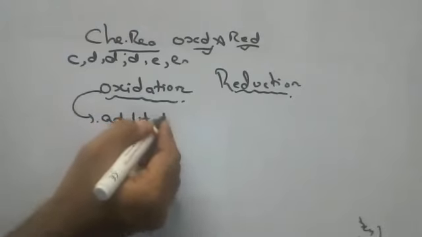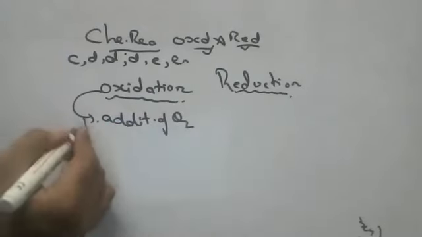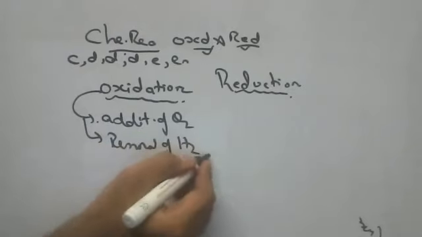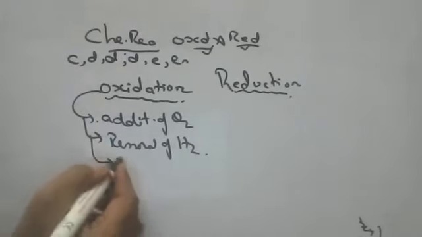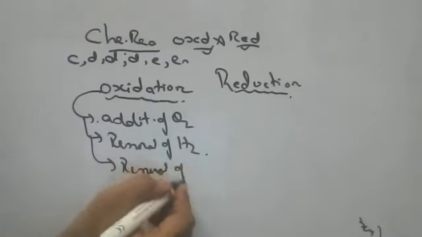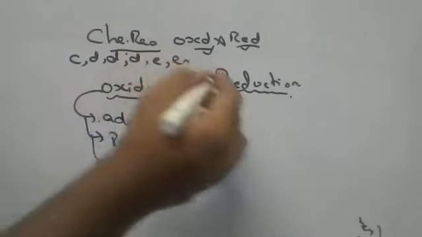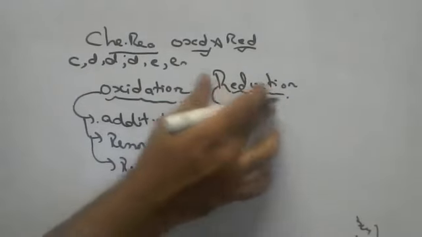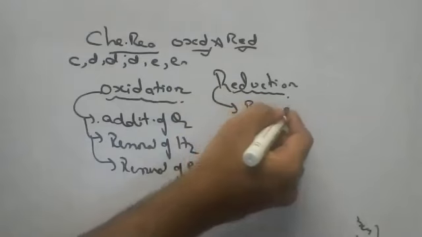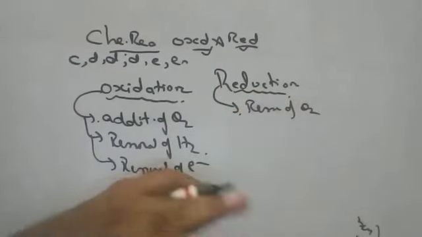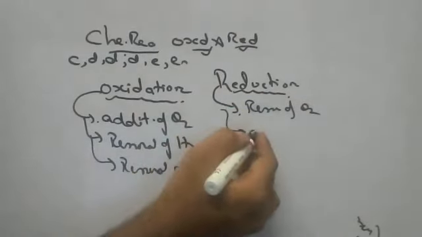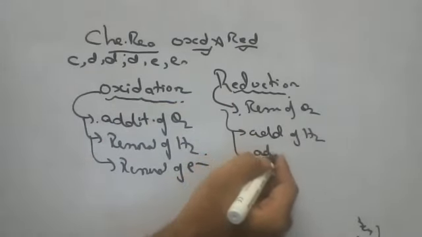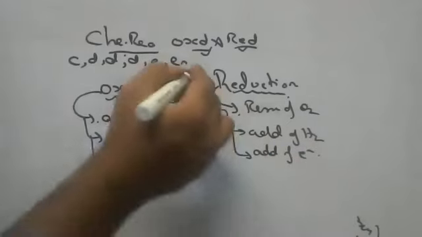Addition of oxygen is called oxidation, or removal of hydrogen is also called oxidation, or removal of electron is also called oxidation. Whereas in reduction, removal of oxygen is called reduction, or addition of hydrogen, or addition of electron is also called reduction.